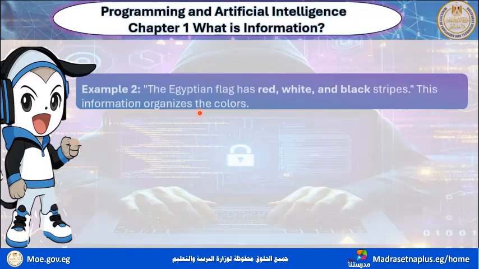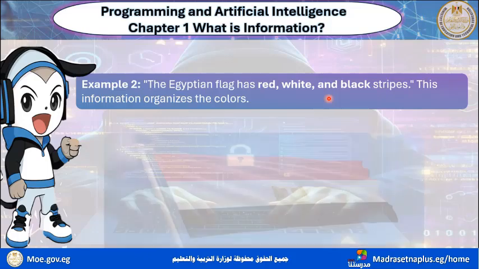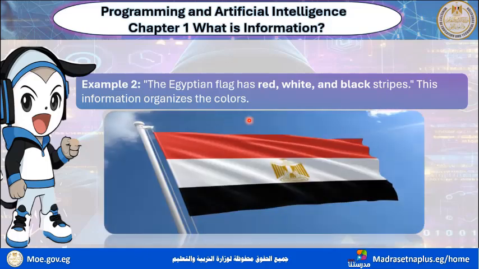Example 2. Do you remember the colors? Red, white, and black? Well, the Egyptian flag had red, white, and black stripes. This information organizes the colors. Hope, inshallah, that information and data are clear for you.